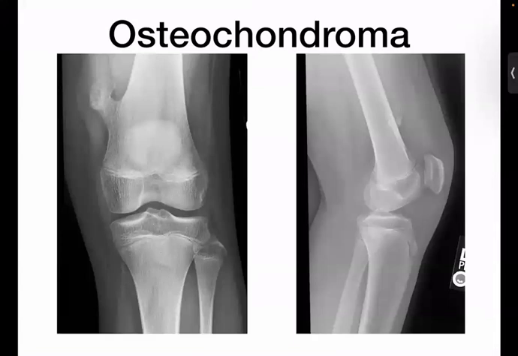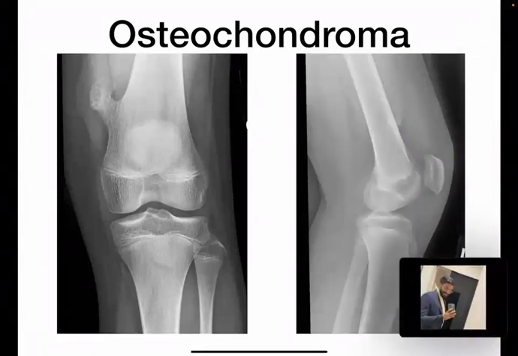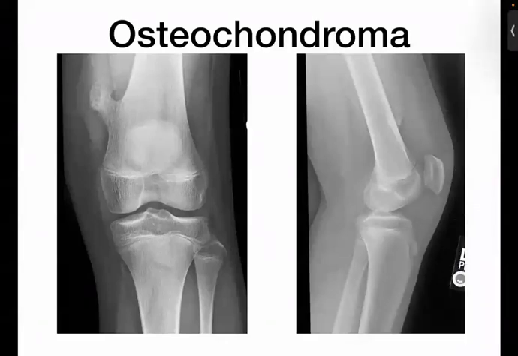So starting, this is an AP and lateral view of the left knee of a skeletally immature patient, showing a lesion or a mass in the distal femur medial side. A description of the mass itself, it has a stalk and a bony cap.